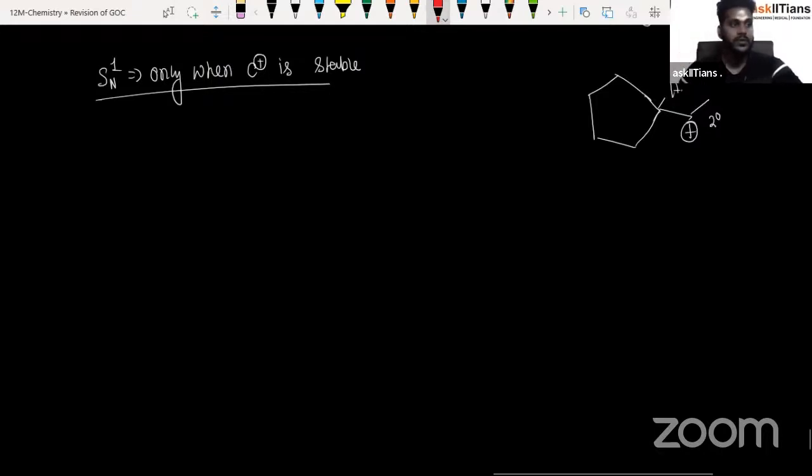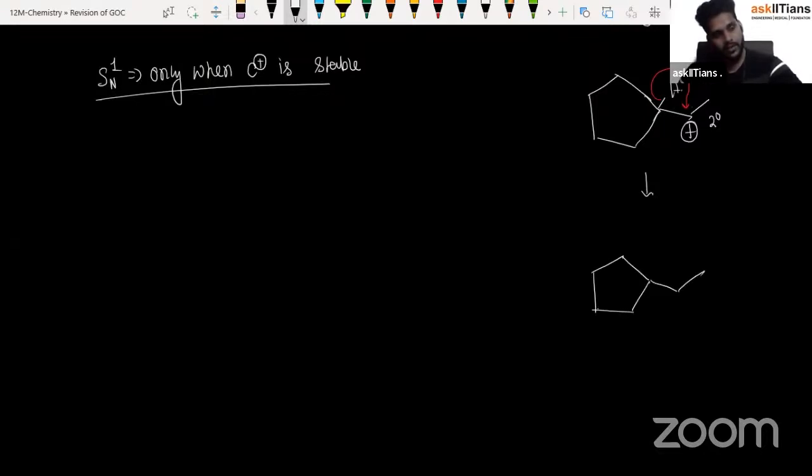See, if this hydrogen shifts, then from wherever the hydrogen has shifted, that position would be positive in charge. Then it would become a 3 degree carbocation in this situation.